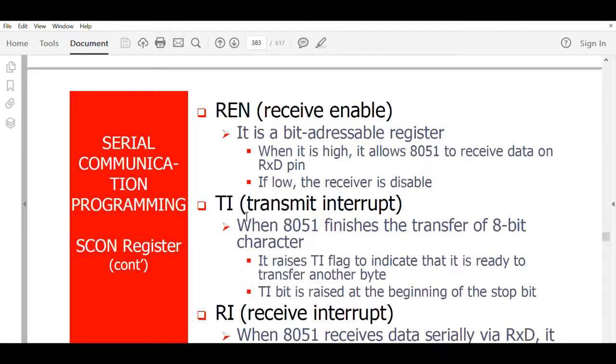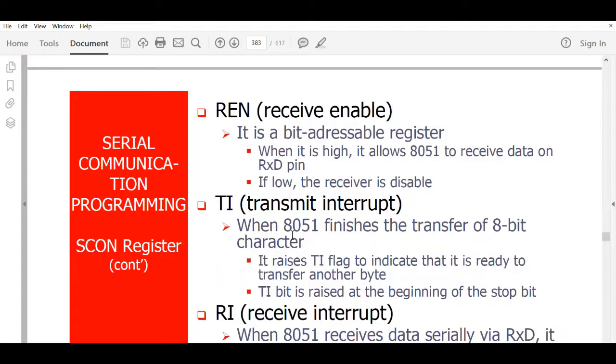TI or transmit interrupt. After a particular transmission is completed, say of 8 bits, then TI will be made equal to 1. So the transmission is complete. The transmitter side should inform that the transmission has been completed and it can transmit more data.